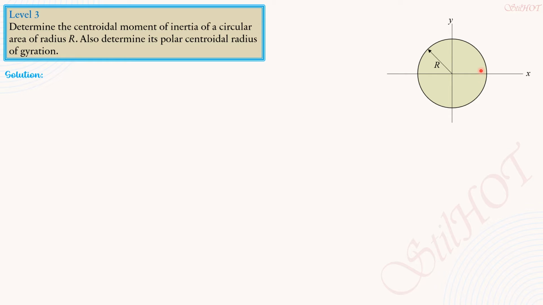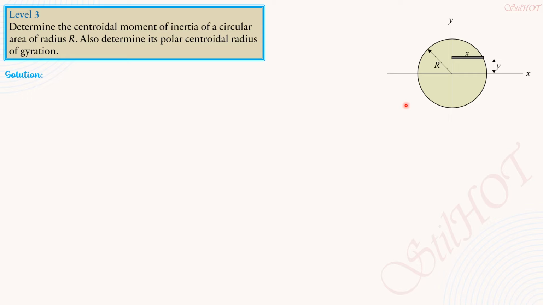But for this case, let's have a horizontal strip so that the strip is parallel to the x-axis, and our differential moment of inertia with respect to the x-axis is simply distance squared times differential area, wherein the length of the strip is x, the thickness is dy, and the distance of the strip from the x-axis is y.